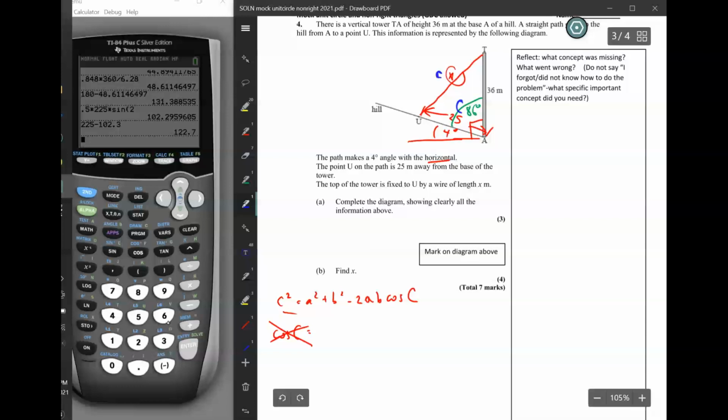Our X is going to be small c, and so that means that 36 and 25 can be A and B. So let's fill everything in here. So c squared is x squared. A squared is going to be 36 squared. B squared is going to be 25 squared. And then it's going to be 2 times 36 times 25 cosine of big C, which is also 86 degrees.